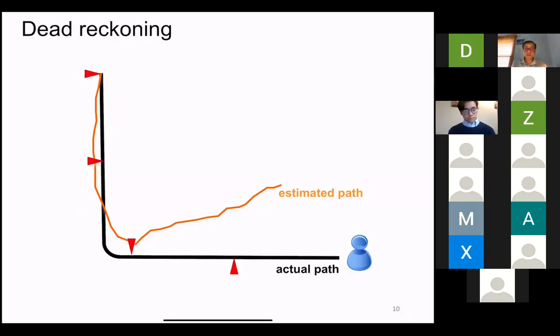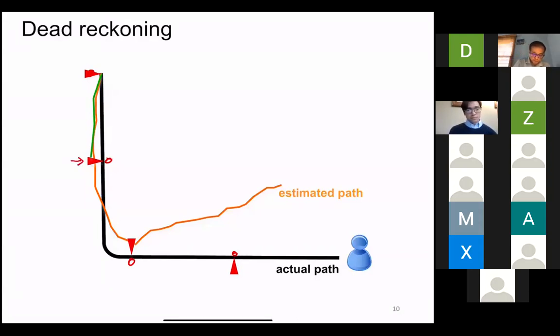If you have some kind of landmarks in the shopping mall, you can walk and deviate, but once you know how much you've deviated, you can correct yourself.